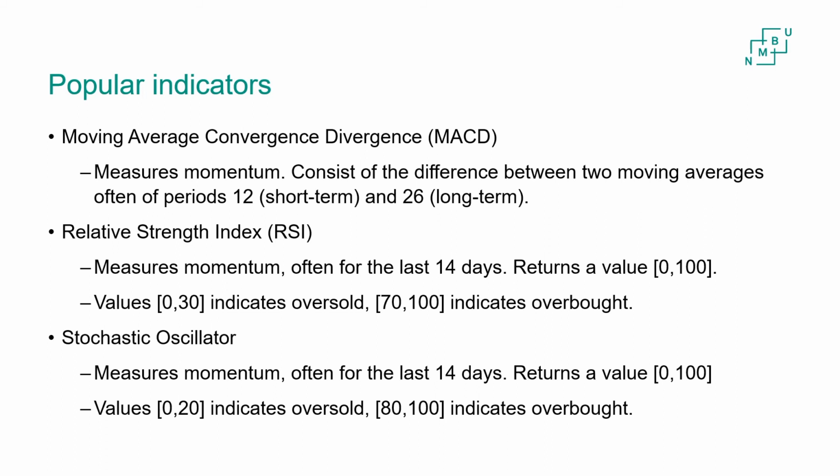So if the value is below or above a certain threshold, you would get a signal that the asset is either oversold if the value is very low, or the asset is overbought if the value is above a certain threshold. And you have the stochastic oscillator, which works in basically the same way as the relative strength index.